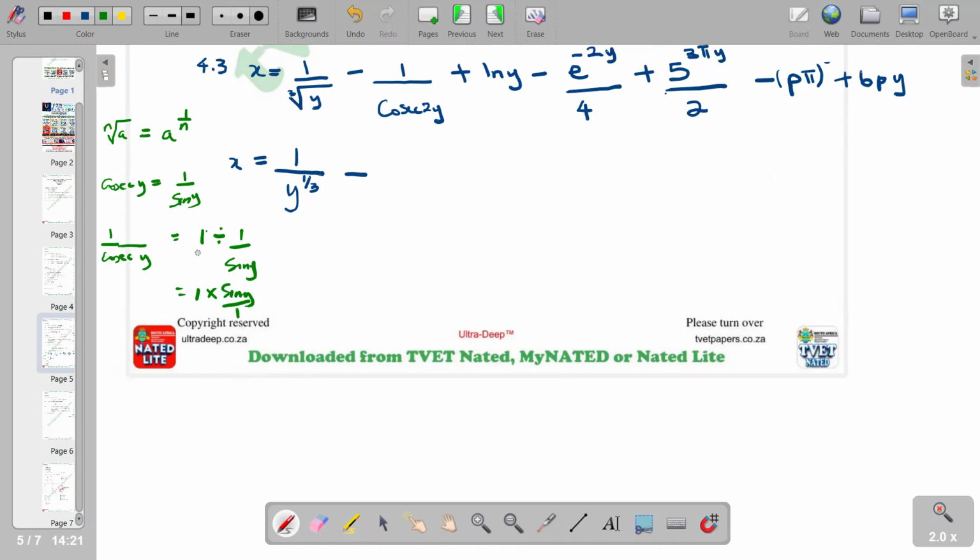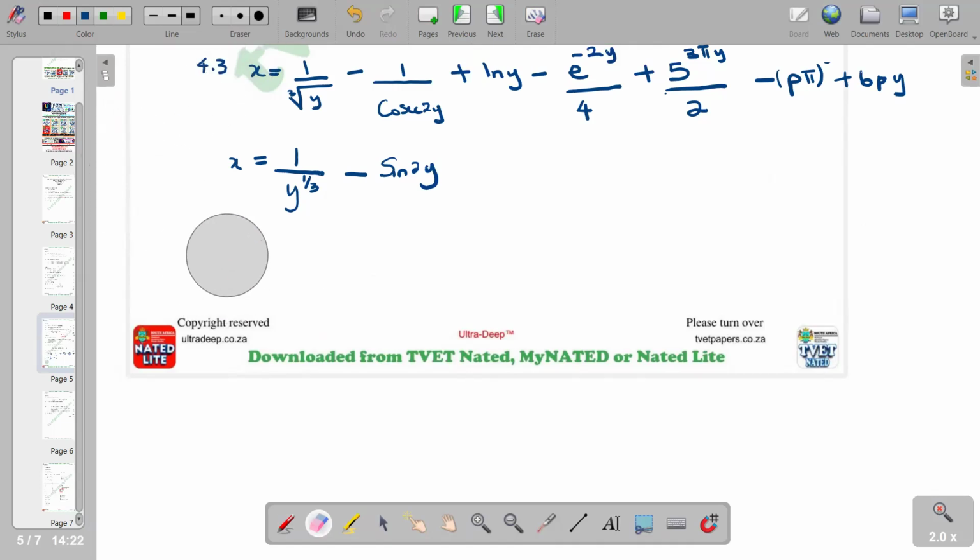Meaning this changes to sine y. Therefore this is going to change to sine 2y. The reason we converted there is that it was not possible to differentiate with a term on the denominator. We would use the quotient rule, but it was going to be long.